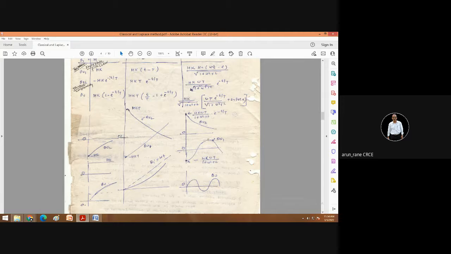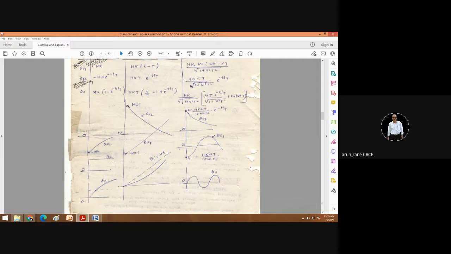And you go on substituting the values of t. So this will be an exponential graph. Now what about this theta O1 graph? Theta O1 is step input, that is constant, so positive Hk. Now when I combine this and this graph, this is minus Hk and this is plus Hk. So when t is equal to 0, my final output will be 0.